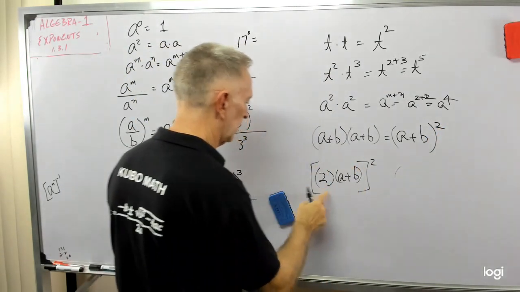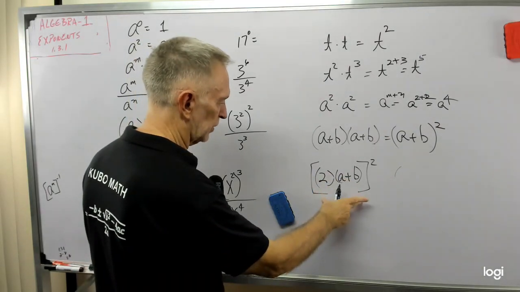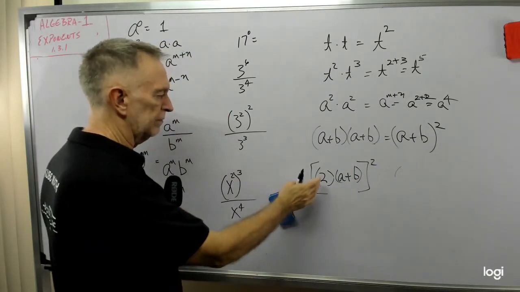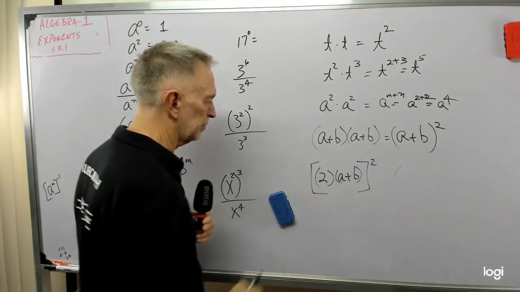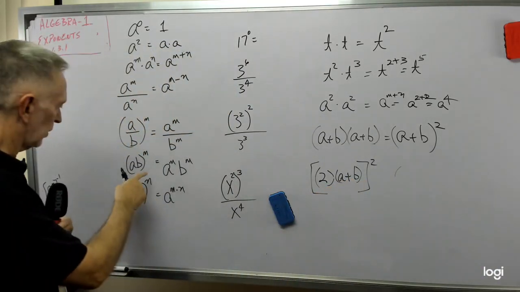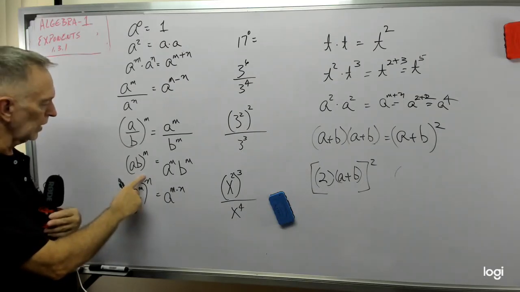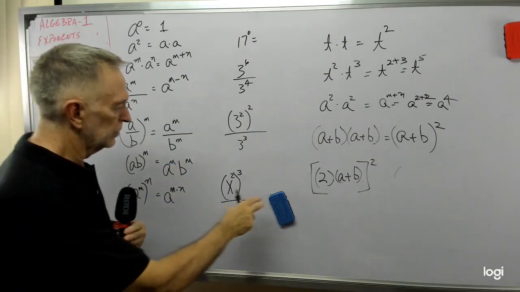What about this one here? I have 2 parentheses inside of a parentheses, but the major parentheses is squared. So I have 2 times the parentheses of a plus b. Now you'll recall we have this situation here, and we can expand that to this. So let's do that.